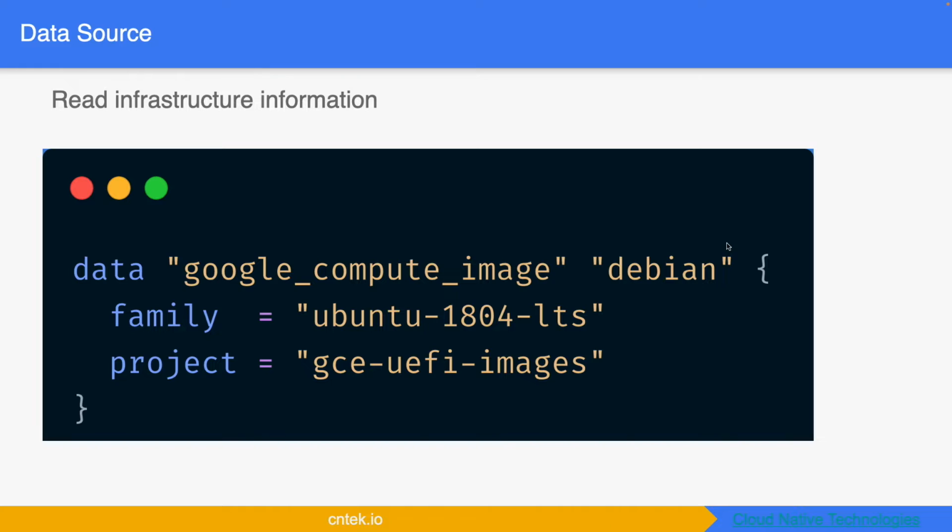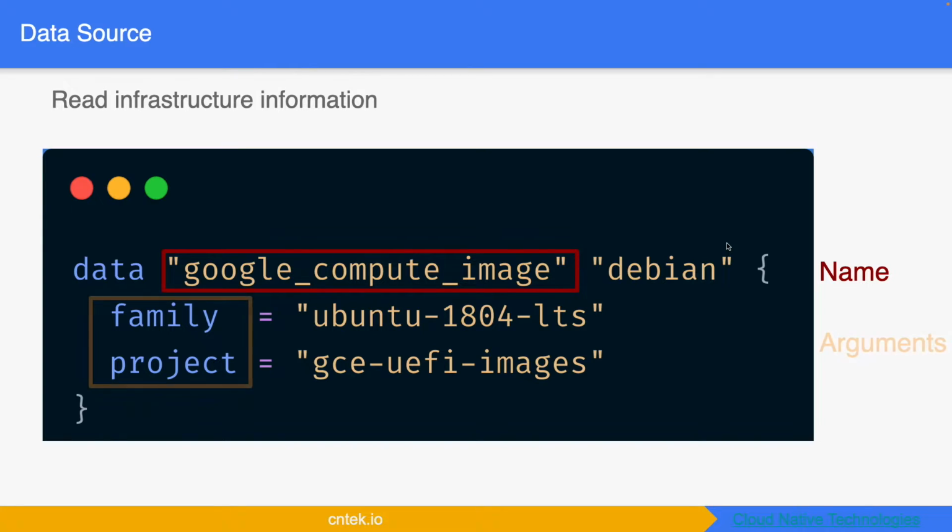So instead of hard coding the image ID, which changes whenever there is a new release, I can use a data source and pass certain parameters to say that I want a google_compute_image as a data source, and then provide attributes, for example, that it belongs to the family Ubuntu 804 LTS, and it resides in the project, for example, gce-uefi-images, etc. So that's how we are able to read the image ID of that particular Ubuntu image, which is already available.